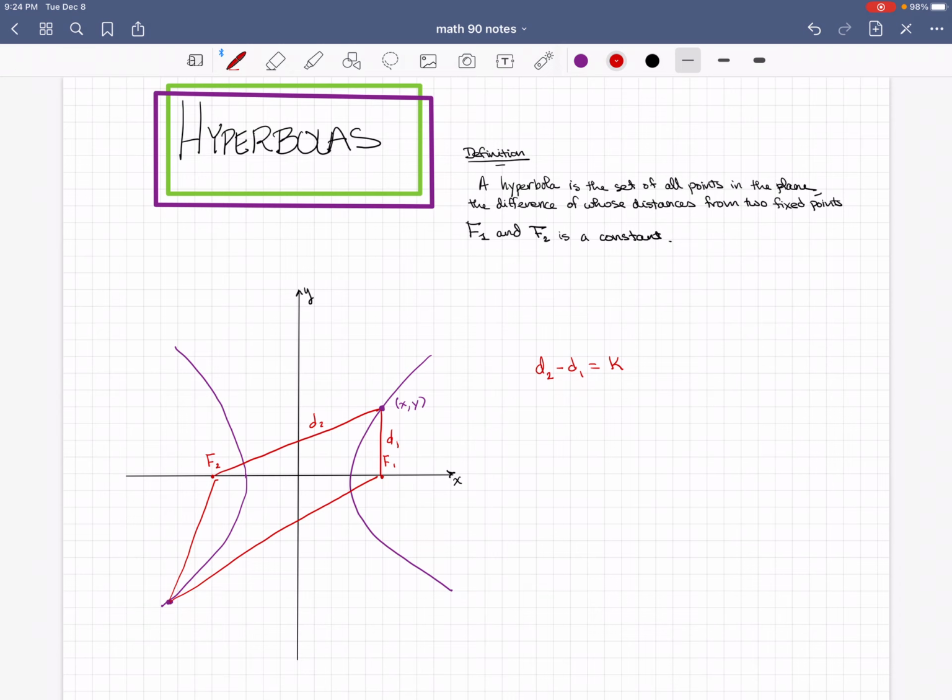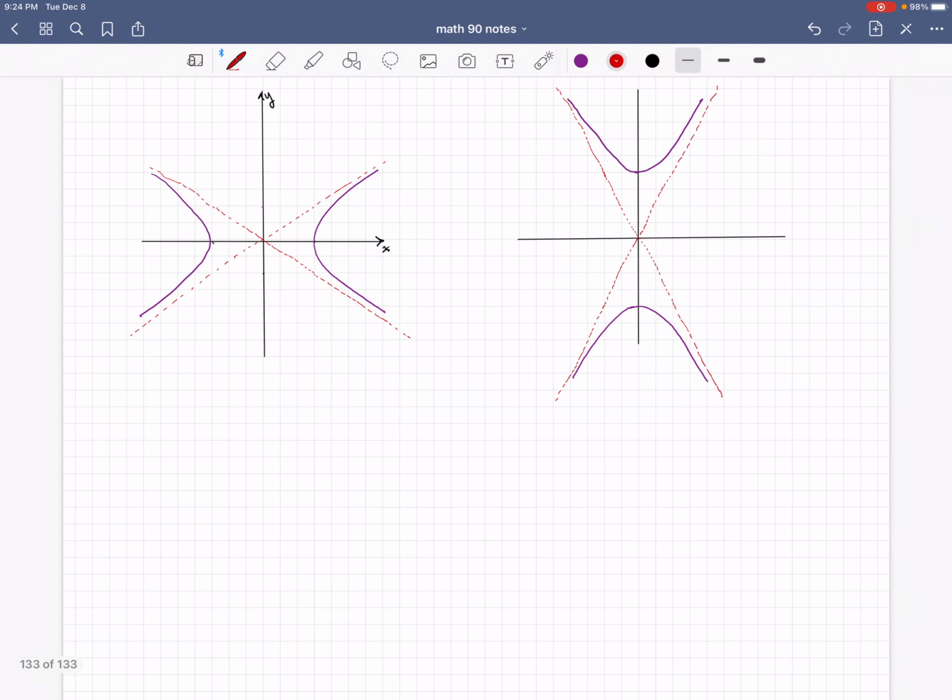On the next page, I've drawn two hyperbolas. So these two are actually drawn a little bit more carefully, and I did so in order to showcase some of the big and important properties of a hyperbola. So the first thing is, you'll notice that there are two shapes here, one that's oriented horizontally and one that's oriented vertically.